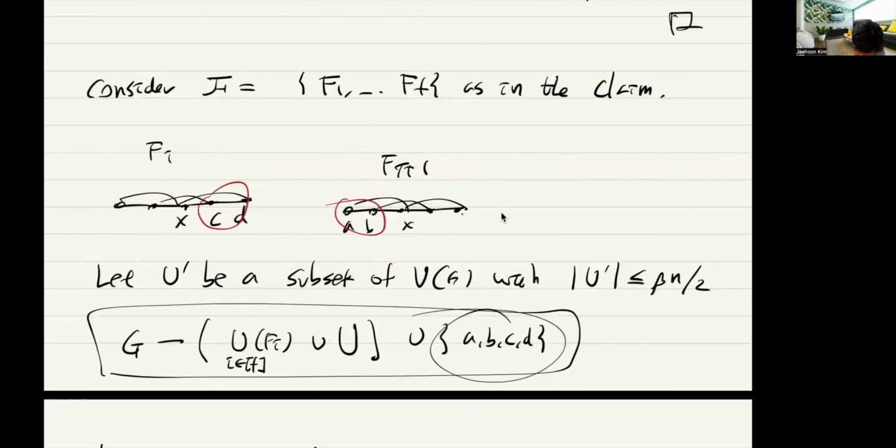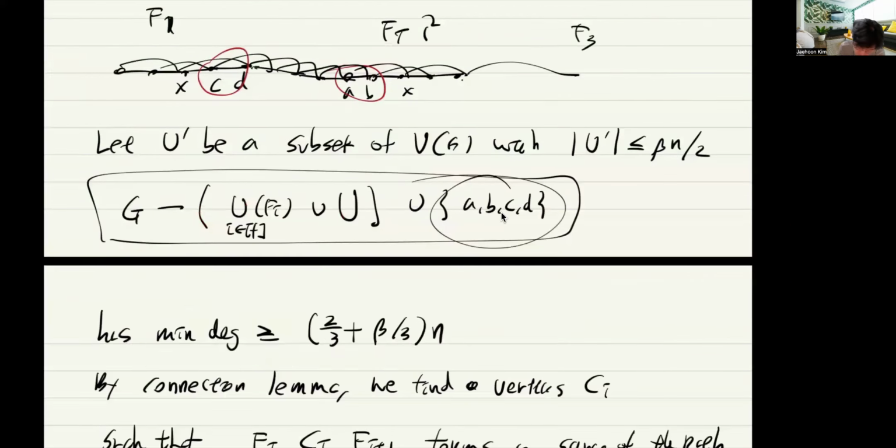So you take F1 and F2 and then you connect them by using the connection lemma. And then F3 you also connect, F4 you connect, and every time you connect, you take the new vertices introduced here as U prime, and then you make sure that the new one is disjoint so that you actually get the square path.